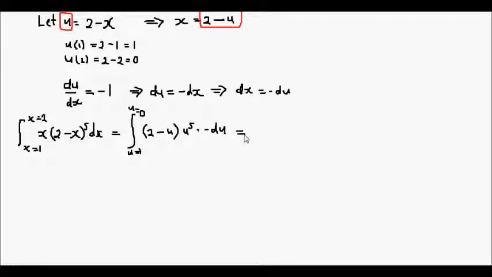I could write that a bit clearer by taking the negative out the front, so we'll end up with negative the integral from 1 to 0 of (2 minus u) u to the 5th du.